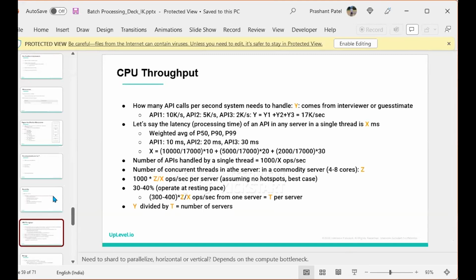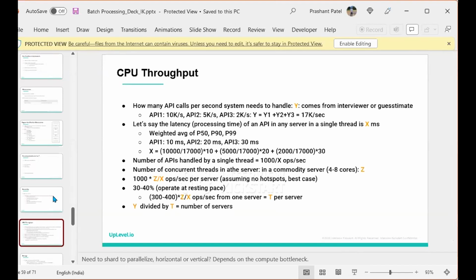Now coming to the calculations, we are given some calculations, so we have to make some assumptions. We have different APIs and we are given the time taken, like the complexities.